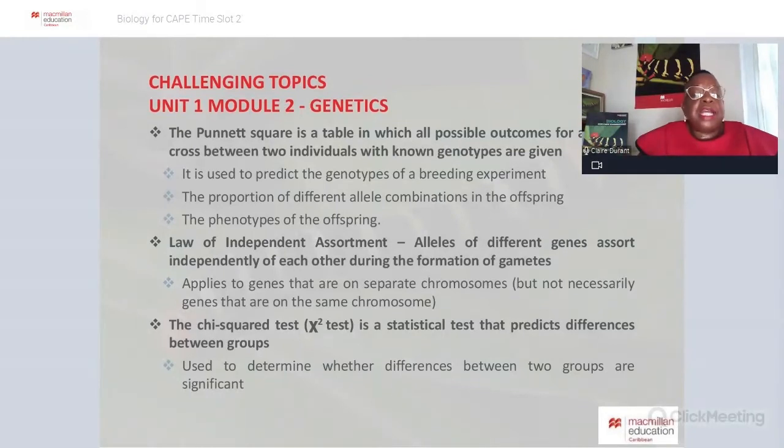And this applies to genes that are on separate chromosomes, but not necessarily genes that are on the same chromosome, because we know that chiasmata are formed sometimes. And the chi-square test is a statistical test that predicts the differences between groups, and it is used to determine whether these differences are significant.